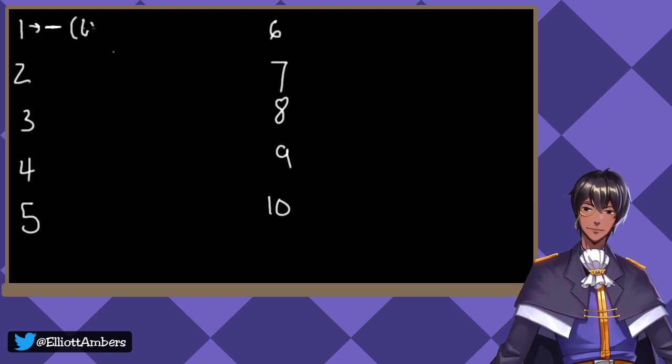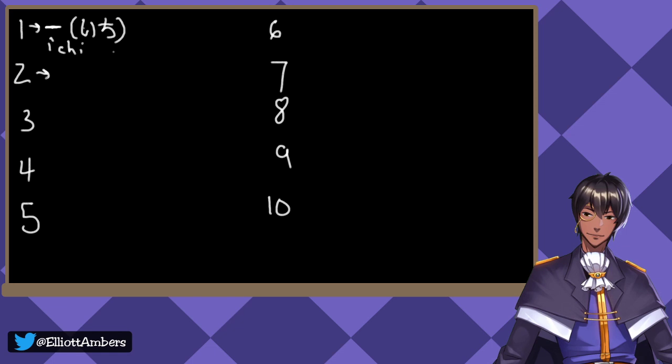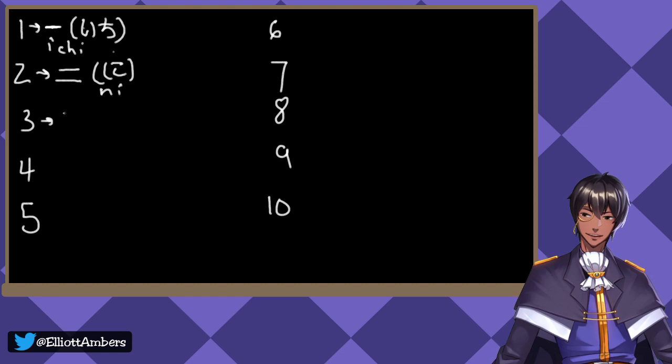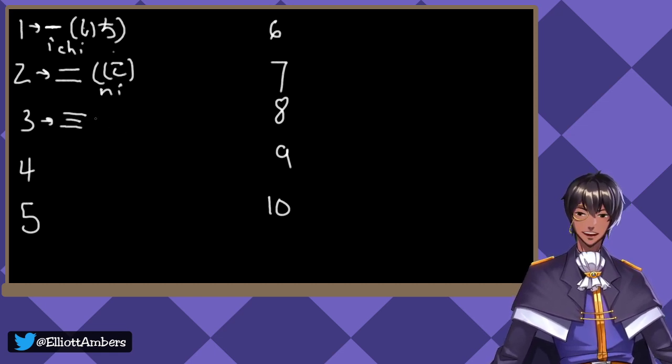This is Ichi. 2 is Ni. 3 is San. Looks pretty straightforward so far. 1 line, 2 lines, 3 lines.